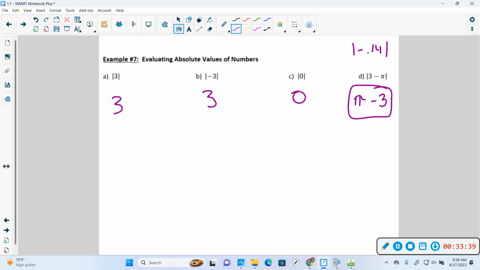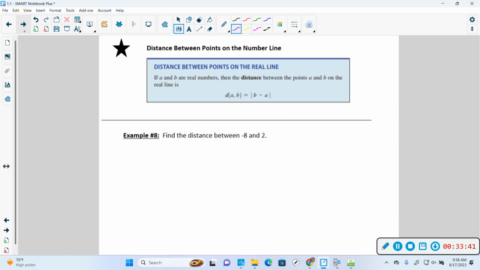The next thing, of course, you can figure this out. Again, a little carried away, a little dramatic here. I'm pretty sure you don't even need the top blue box on the slide. Distance between the points: if A and B are real numbers, you can subtract them and do the absolute value. That seems like a whole lot of extra work to me. I just picture the number line.